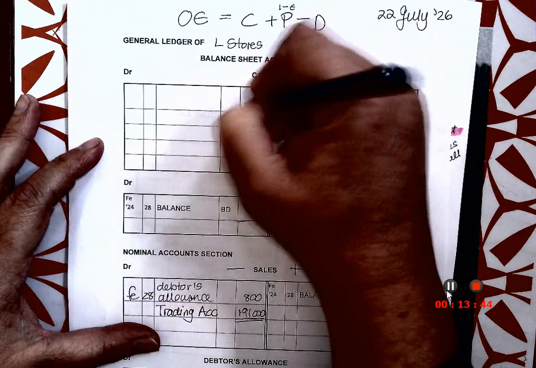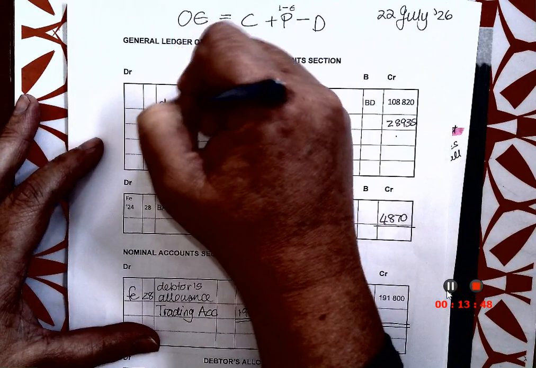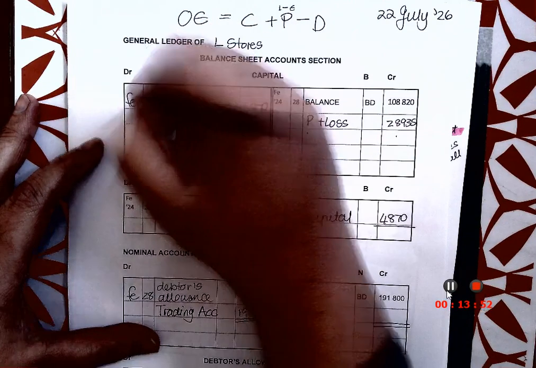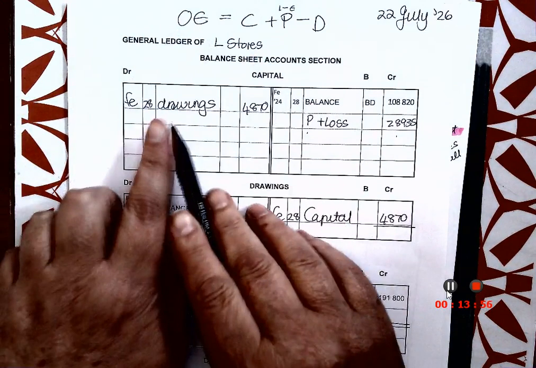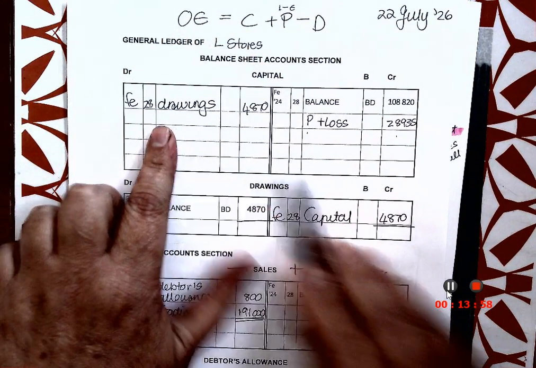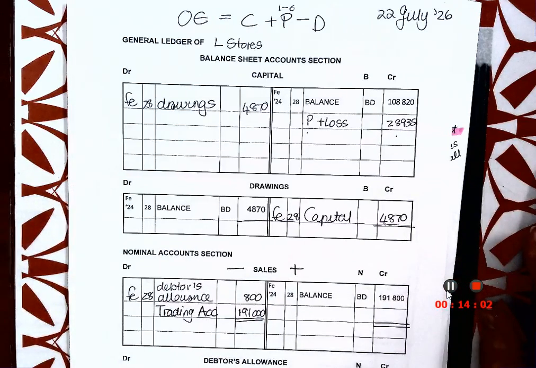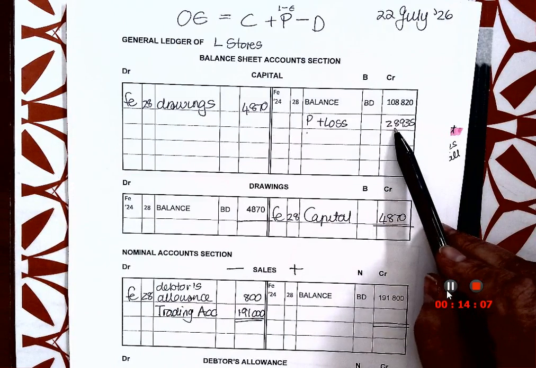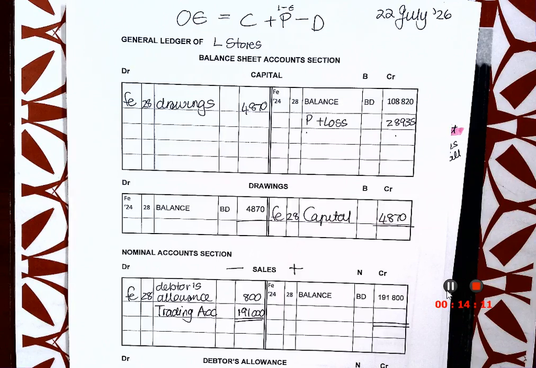You see, there it goes. 4,870 drawings. And I want you to see this. I know I talk a lot and I talk fast, but I want you to hear what I'm saying now. Drawings is actually the part of the net profit that the owner uses throughout the year. So actually, he doesn't score the whole 28,000 because he already used 4,870. You see?